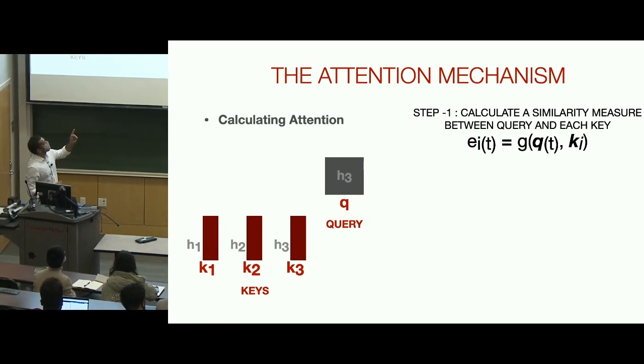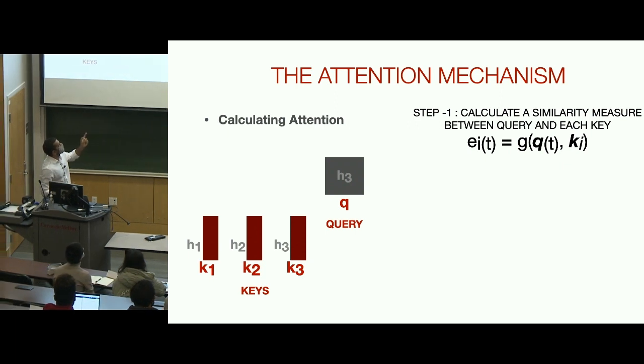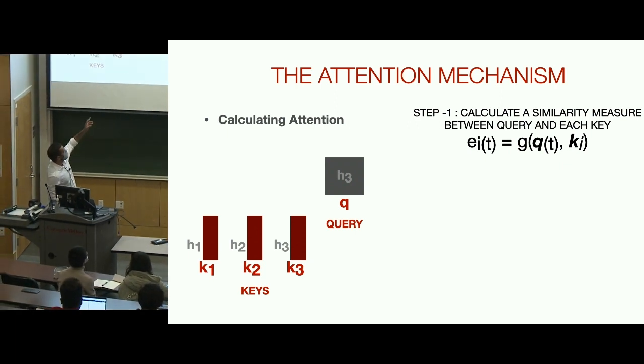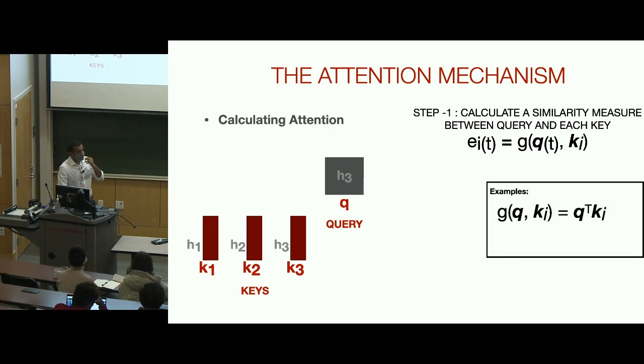We calculate attention by calculating a similarity measure between the query, which changes at each time instance of generation, and all the keys. So we take a dot product. It depends on what kind of attention you use. You take a dot product between the query and each of the keys to generate the output. This is something you're going to do in homework 4, dot product attention.